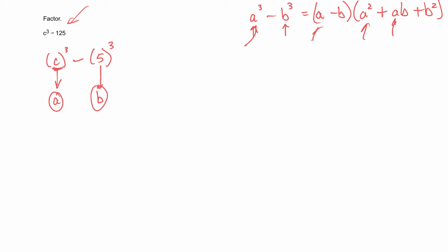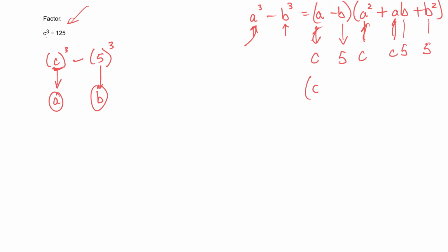Okay, I'm just going to write them underneath here. So wherever there's an A, that's going to be a C. Wherever there's a B, that's going to be a 5. A is going to be a C, A is going to be a C, B is going to be a 5, and the B is going to be a 5. Okay, so let's see if I can get it in there.